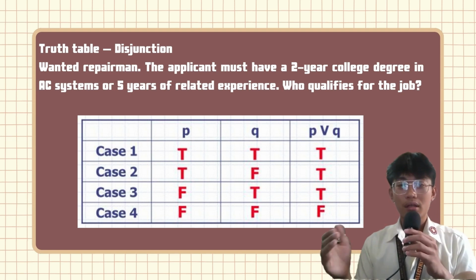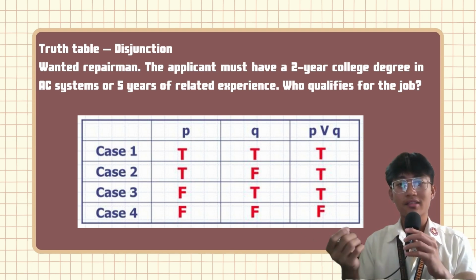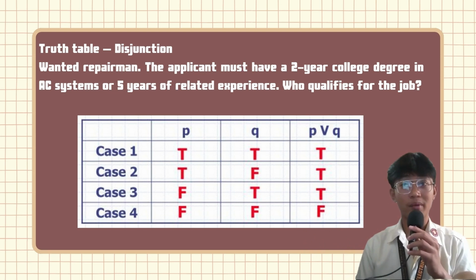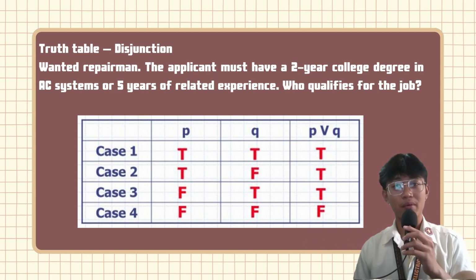Ito yung example: Wanted repairman. The applicant must have a 2-year college degree in AC systems or 5 years of related experience. Who qualifies for the job?